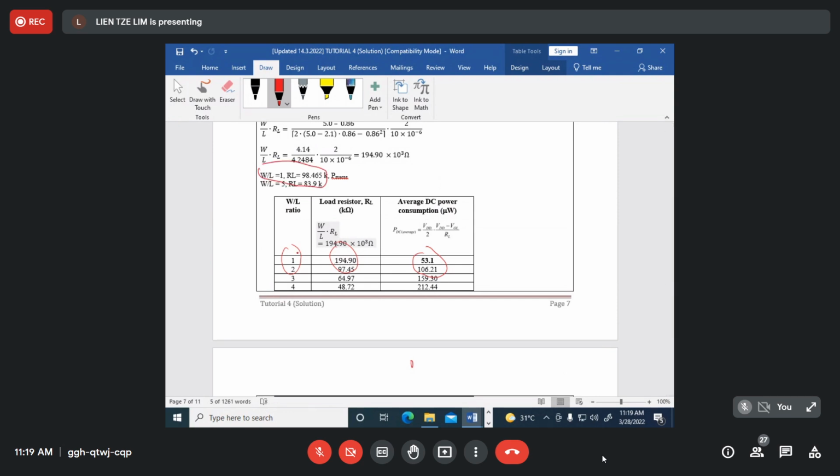If you use a different method to get the RL, the values of RL you get will be different. But the one you should choose should be based on the lowest power consumption and small width over length. This one you should take note. Clear?